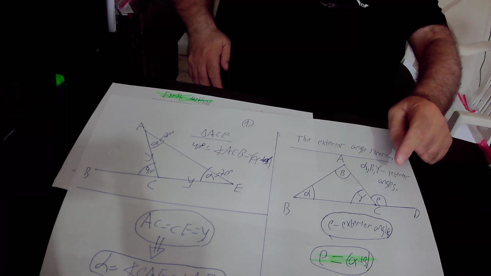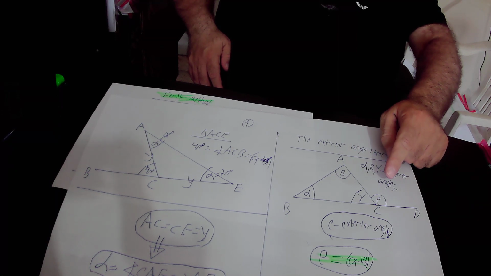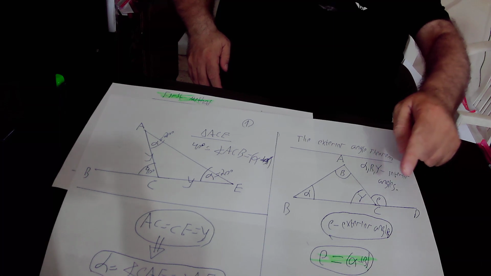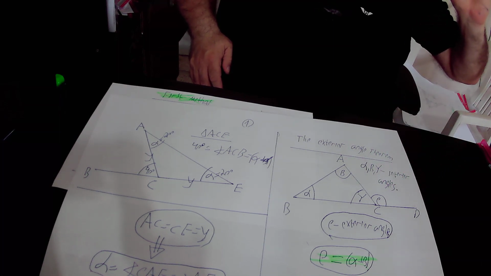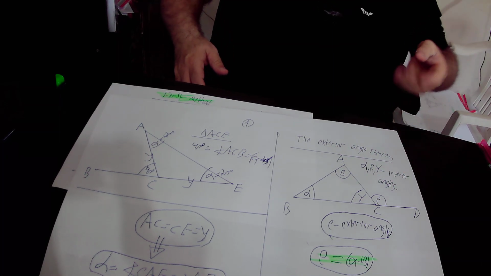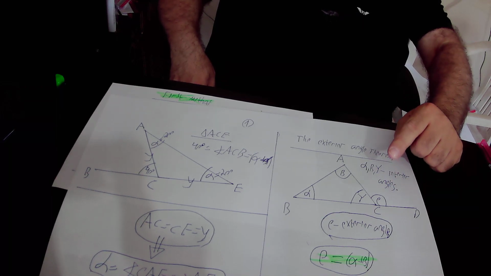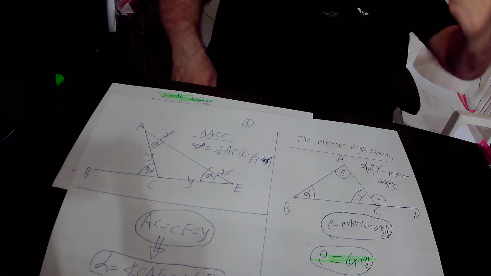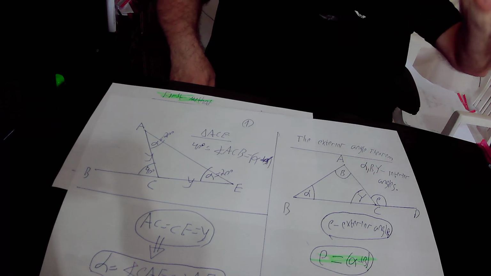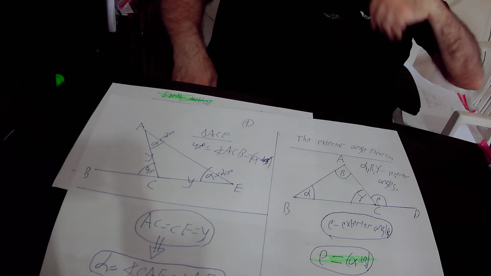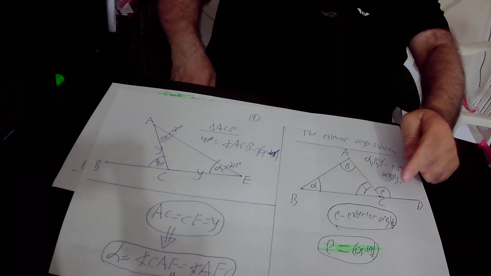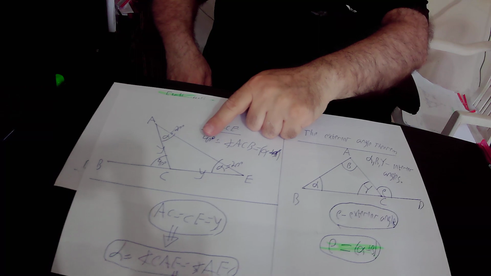In conclusion, the size of the exterior angle E is equal to alpha plus beta. That is to say, it is equal to the sum of the two interior angles that are not adjacent to it.